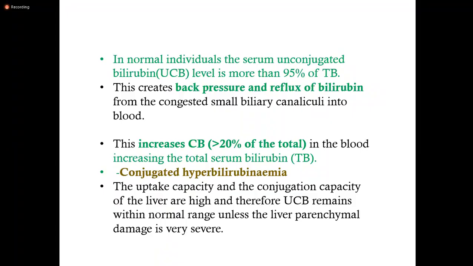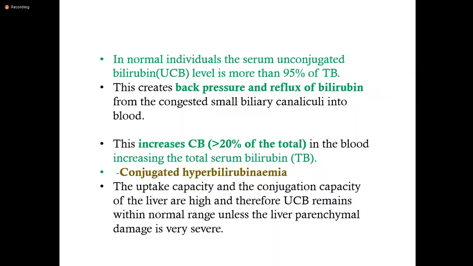There is stagnation of bile inside the intrahepatic biliary canaliculi. That creates back pressure and reflux of bilirubin from the congested biliary canaliculi into blood. When there is back pressure and reflux, not only bilirubin, any other thing can go into blood. That includes bile salts as well.